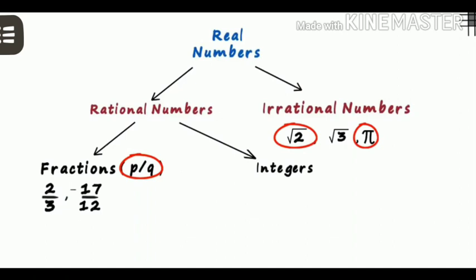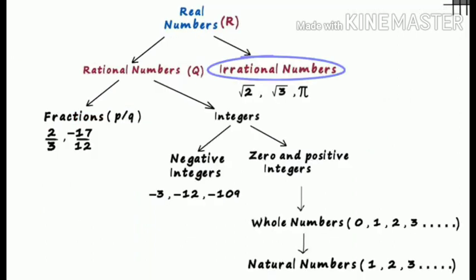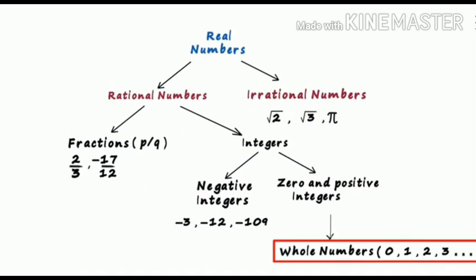Real numbers are classified mainly in two types, rational numbers and irrational numbers. The numbers which are in the form of a ratio are the rational numbers, and those not in the form of a ratio are irrational numbers. Rational numbers are represented as p by q, and the second type is the integers, which includes the rational numbers, that is negative integers, 0 and positive integers.